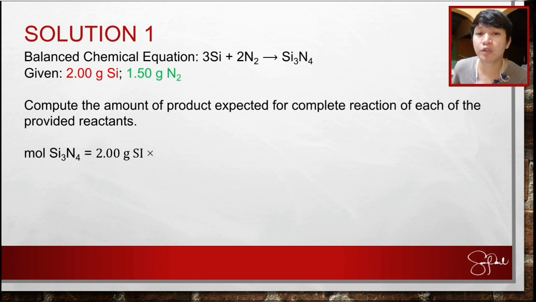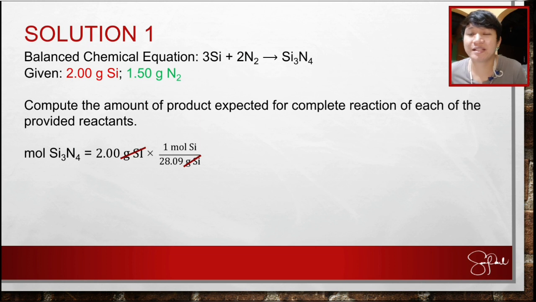First, we need to determine the molar mass of silicon, which is 28.09 grams per mole. In order to cancel grams of silicon, we put gram of silicon below. Then on top, we have 1 mole of silicon. Now we can cancel the unit grams of silicon. We have moles of silicon as the remaining unit, but we need to have the unit moles of silicon nitride.